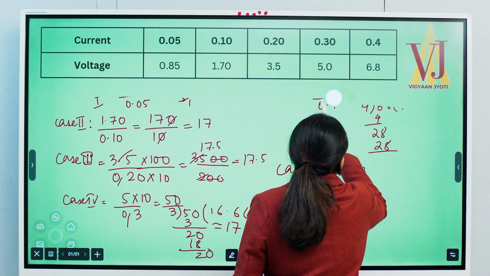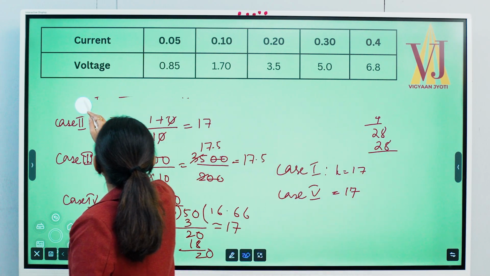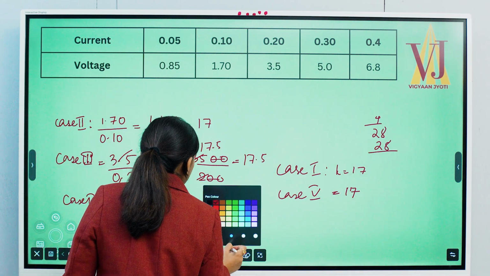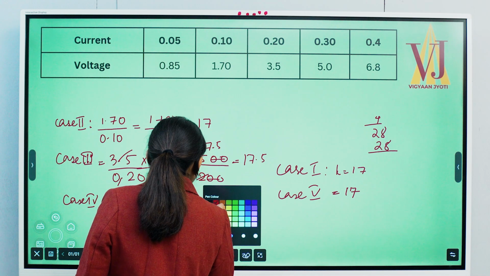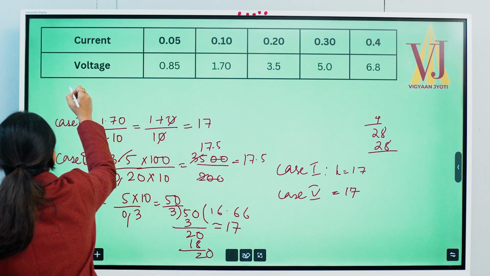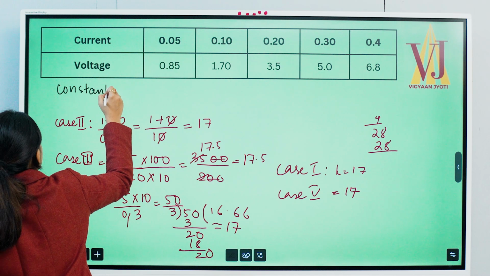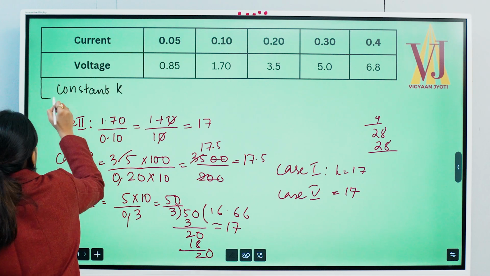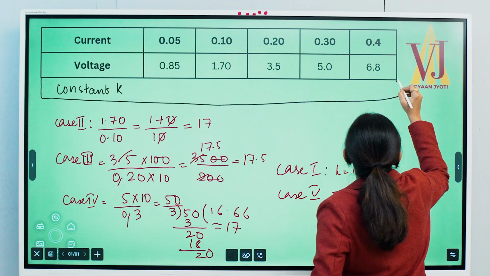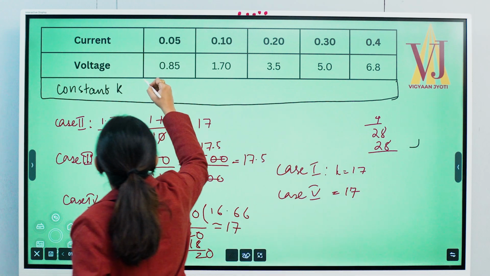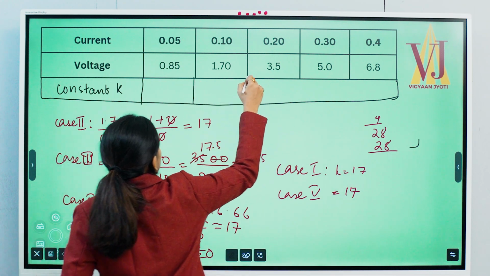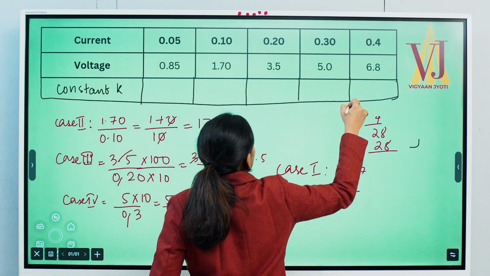I'll just make another row stating that this is the constant. Which constant? K. Okay, so let me make one other row.